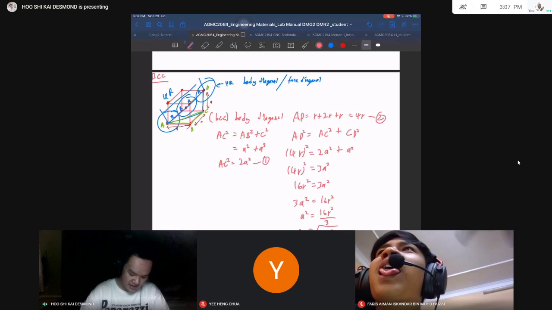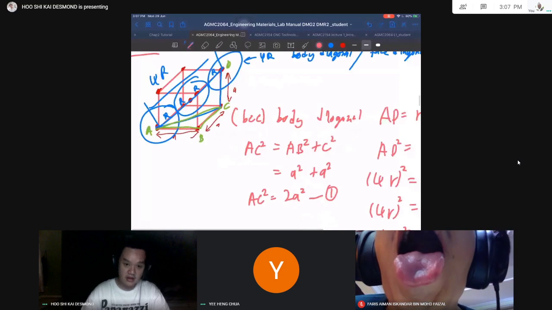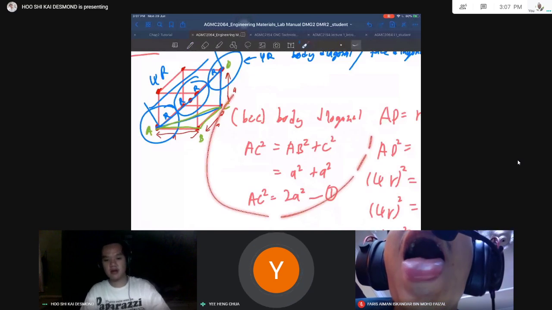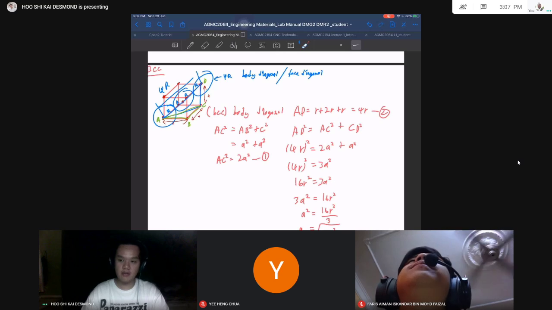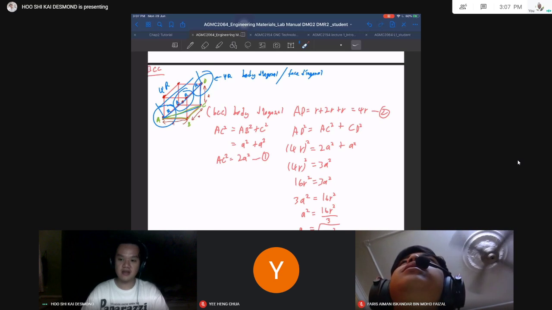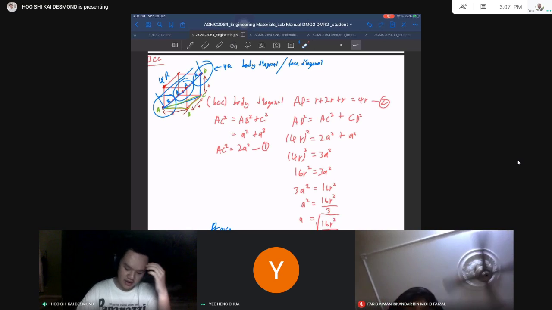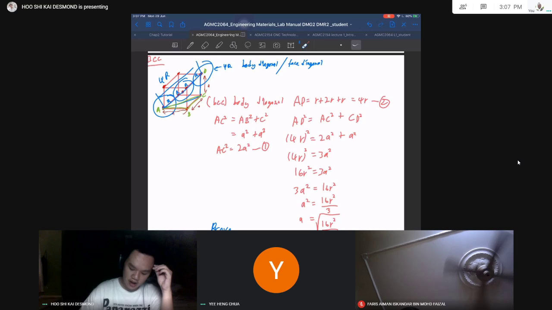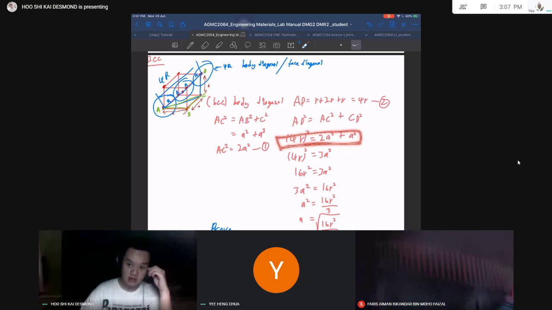Okay. Green is this one. Green is this one, right? Green is for this. Okay, just forget it. You see, 4R is this one, for BCC, right?